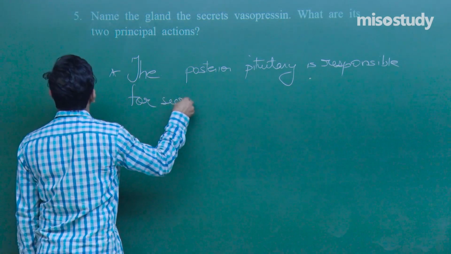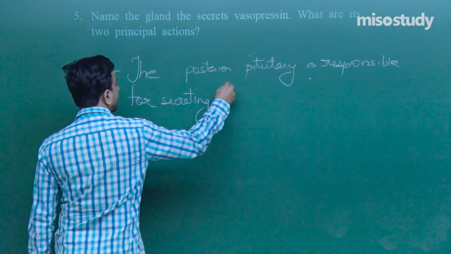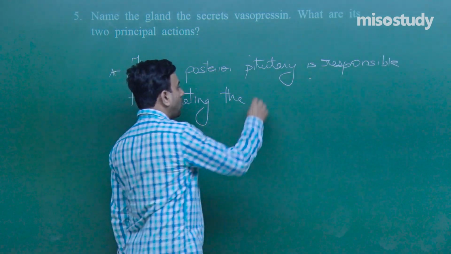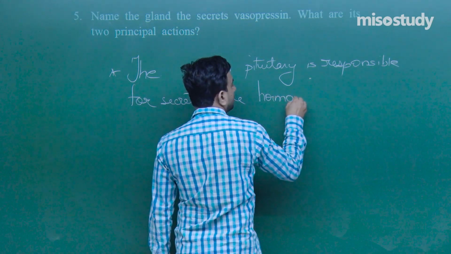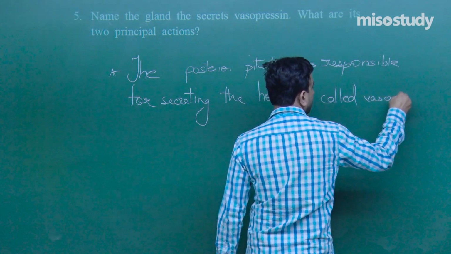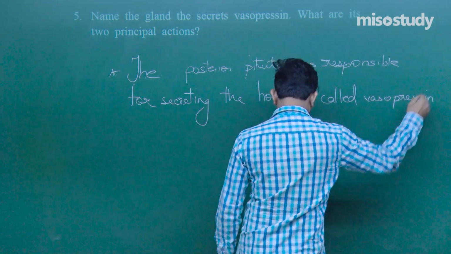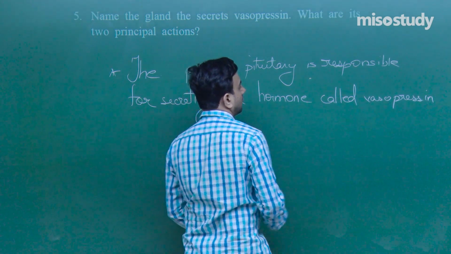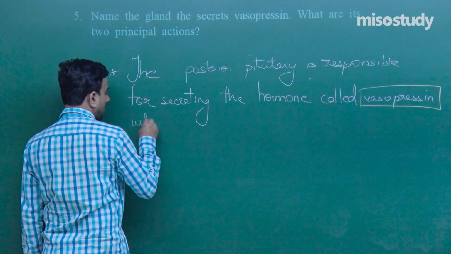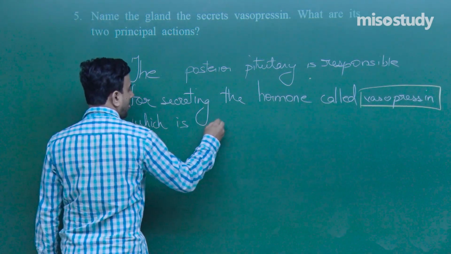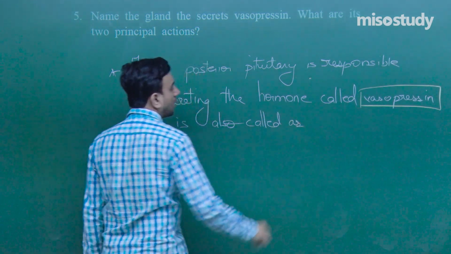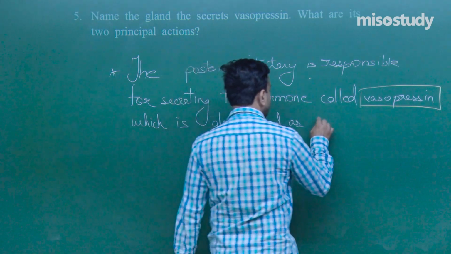called vasopressin, which is also called the antidiuretic hormone.